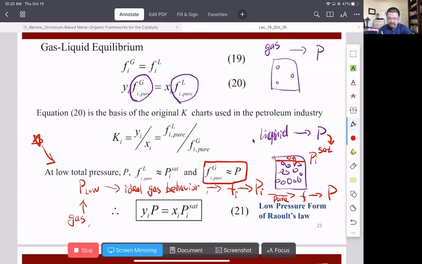So over there, we look at the equilibrium saturation of the vapor phase, and the pressure or the chemical potential is Pi sat, and that should be exactly the same as the fugacity of the liquid phase. Okay, so this is for the vapor at saturation.